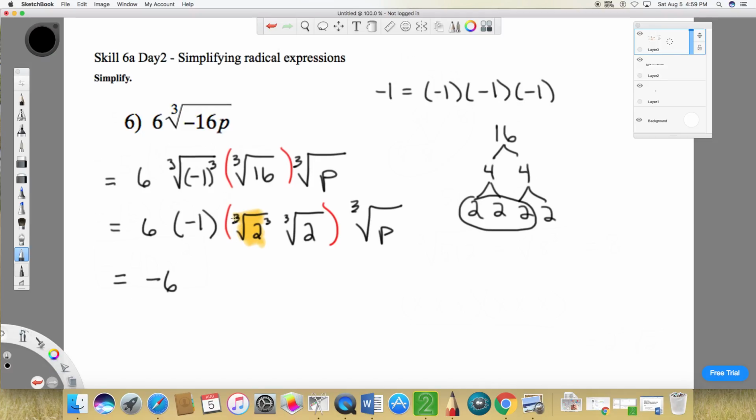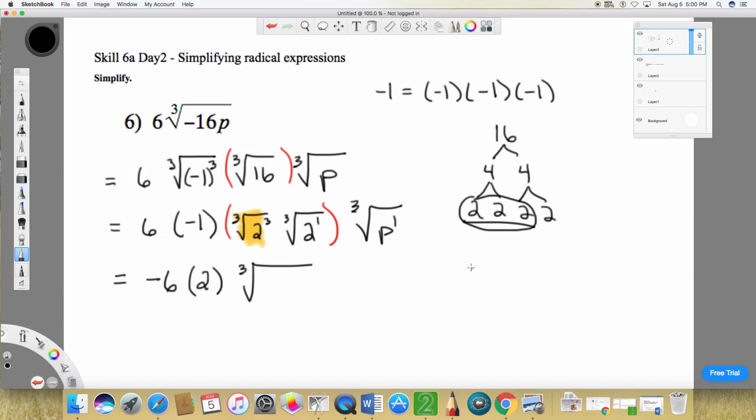So when this index and that exponent are the same, that base is the answer. I have one group of 3 of these factors 2. Now, of the number 2, this cube root only has 1, so I can't simplify that any further. And over here, this p that we haven't looked at until now, it only has a single factor.